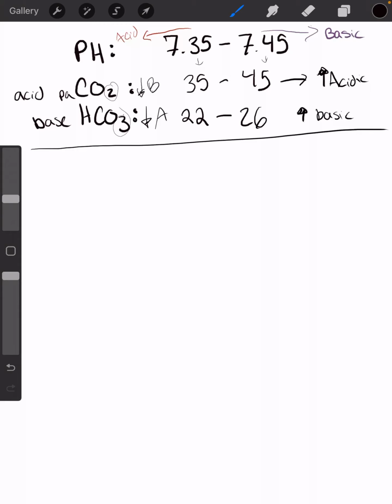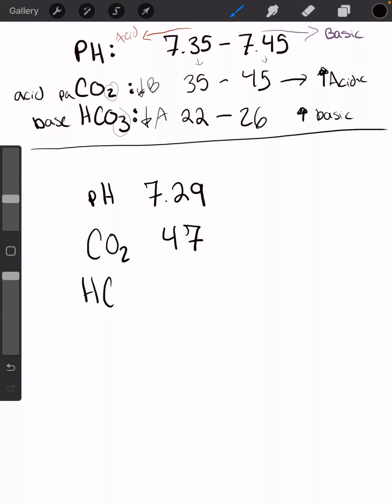So let's do a practice problem. Let's say our pH is 7.29 and our CO2 is, let's say it's 47, and our bicarb is 24.